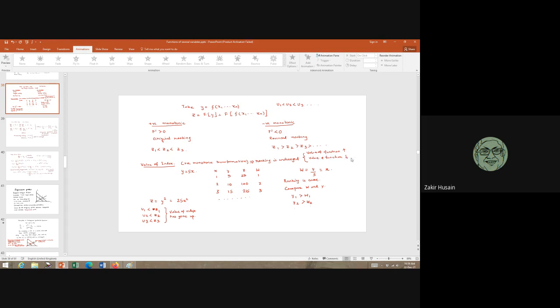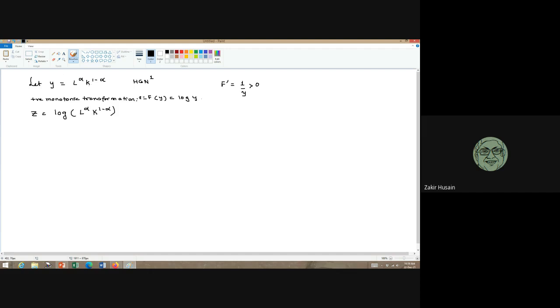The value of the function is decreasing. Okay, so if you put in labor and capital over here, you're going to get Y. If you put the same labor and capital over here, because you're taking log, Z will be lower than Y. But the ranking is unchanged. That is why we are calling it a positive monotonic transformation. Okay.